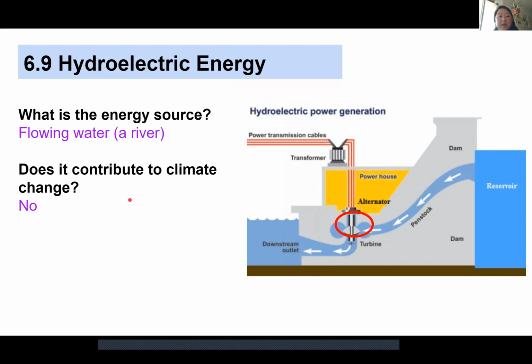Technically, no, but it does alter the ecosystem to have a giant dam built. Not sure if you studied it in your other environmental studies classes, but of course, dams disrupt the ecosystem in a very large way, as you can probably imagine. I want to say a very high percentage, I think like 70 or 80% of the Western US is dammed. The water has a dam in the watershed.